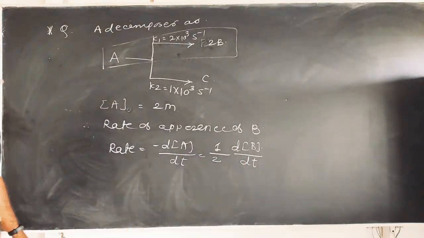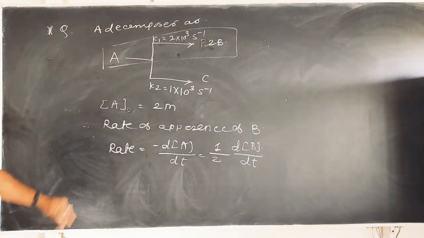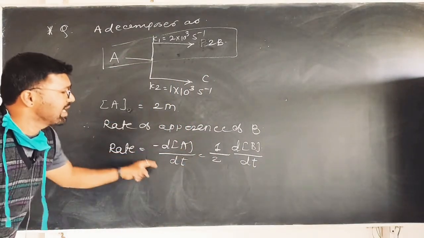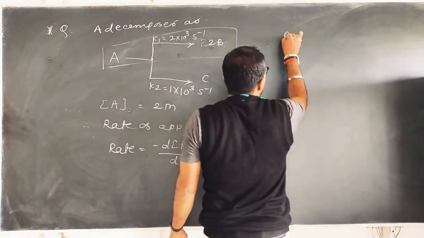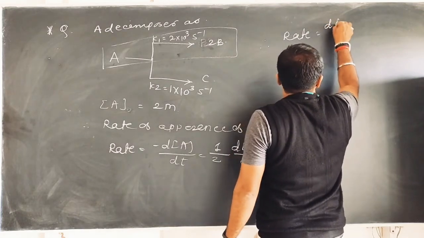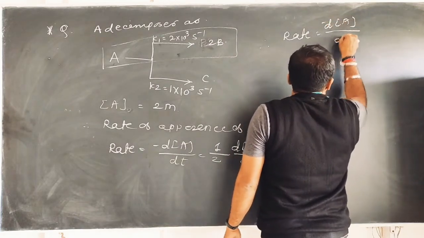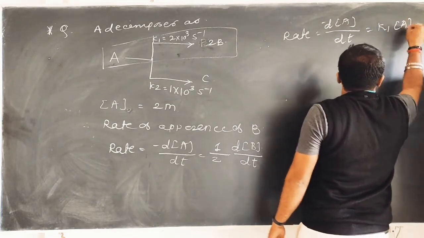Now the rate of decomposition of A is minus dA upon dt, which is equal to K1 into A.